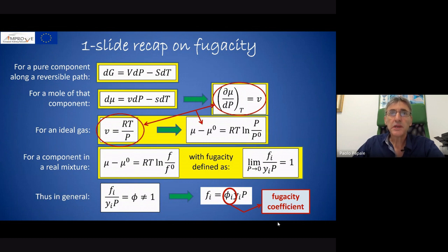Fortunately, the behavior of many real gases has been studied in depth and for a long time, for obvious reasons. In fact, real behavior is the normal condition in the real world. Ideal behavior is only approached when the interactions between the molecules forming the gas become negligible.